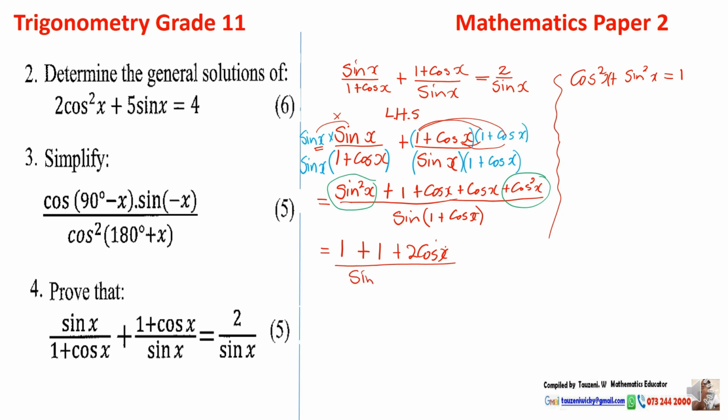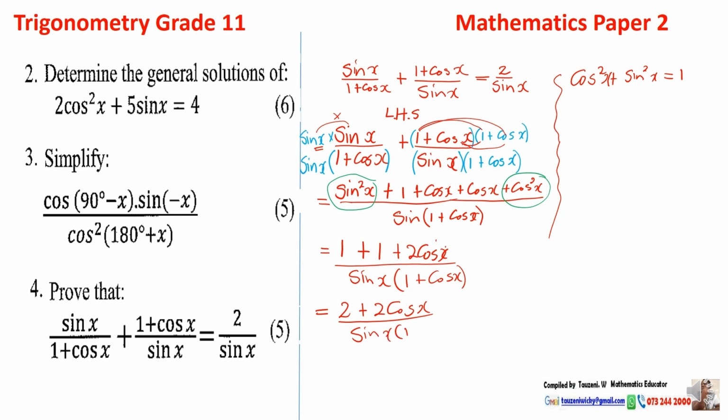The sine of x, factor of 1 plus the cos of x. Then carrying on simplifying, 1 plus 1 is equal to 2. So this is 2 plus 2 multiplied by cos of x divided by the sine of x, factor of 1 plus cos x.